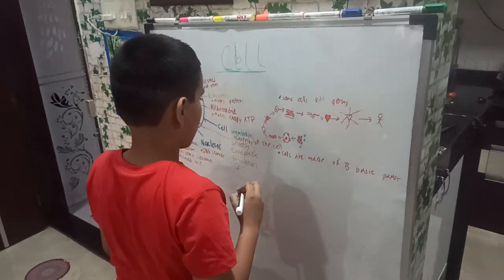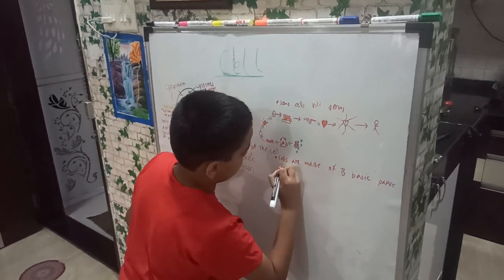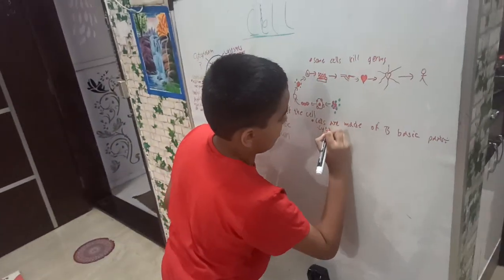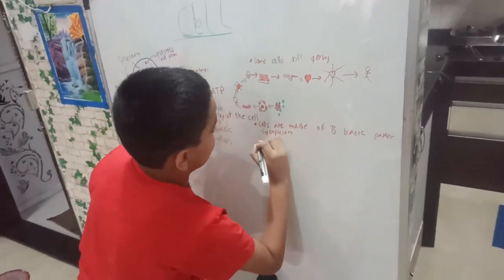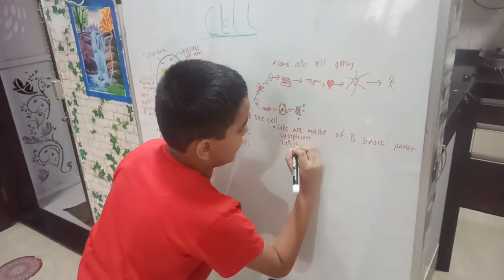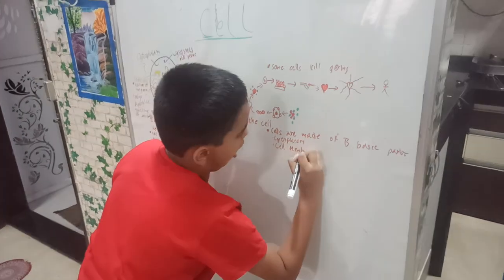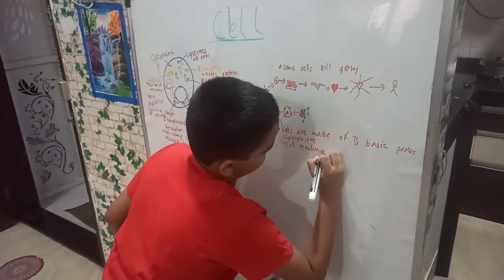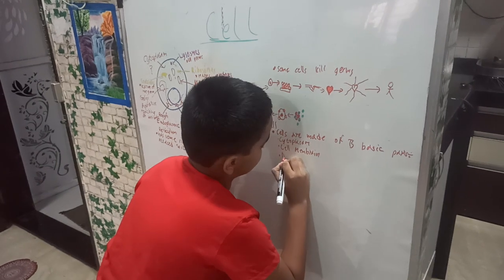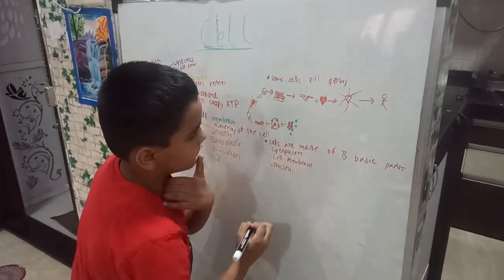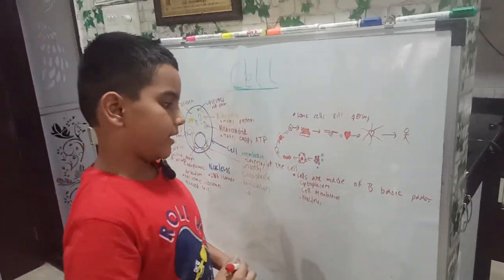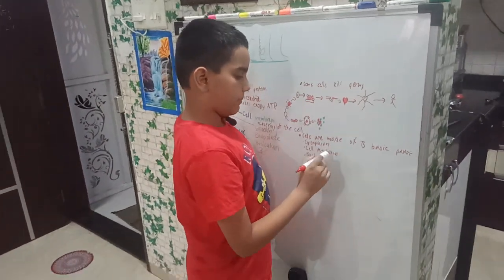They are cytoplasm, cell membrane, and nucleus. Okay, these are the three basic parts of a cell.